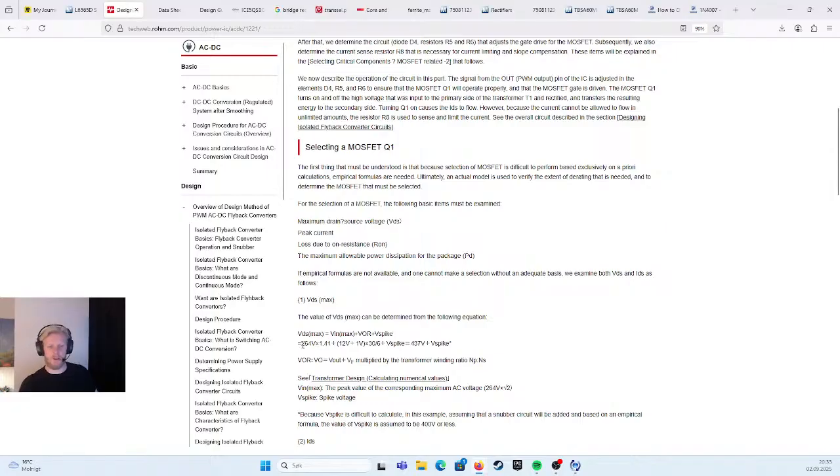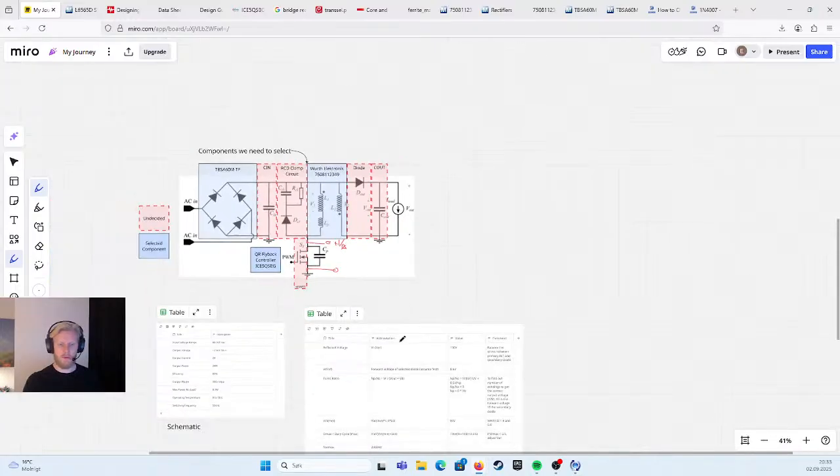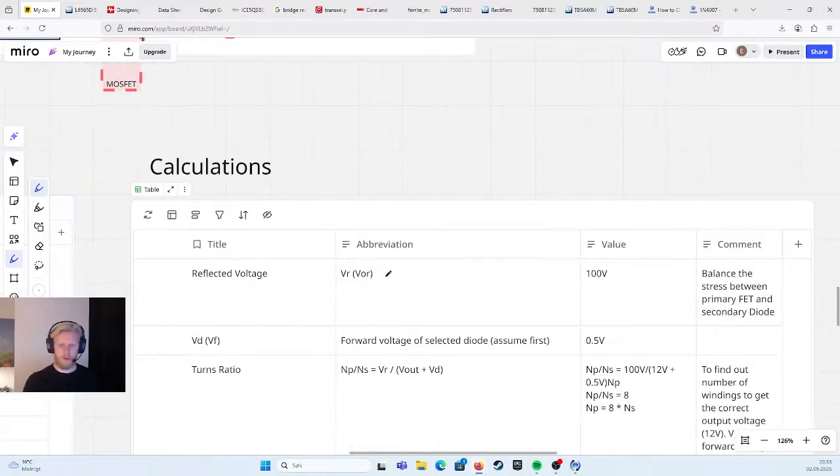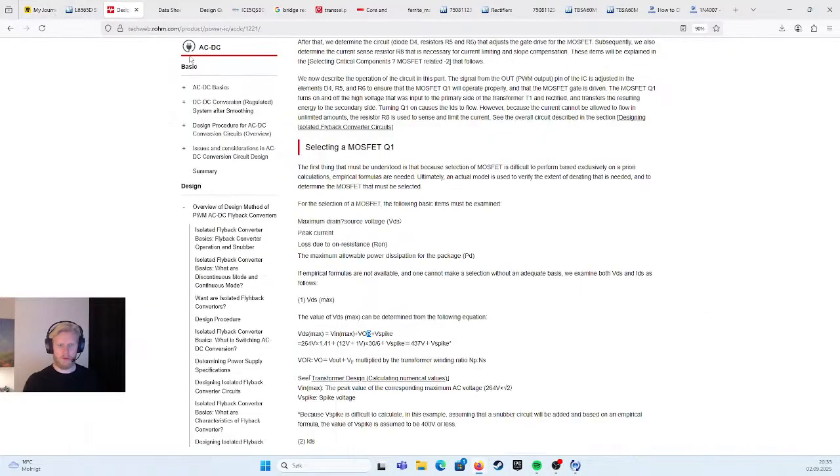So that's this times square root of 2 plus 12 volt plus V or, wait, what was V or? Yes, a reflective voltage.